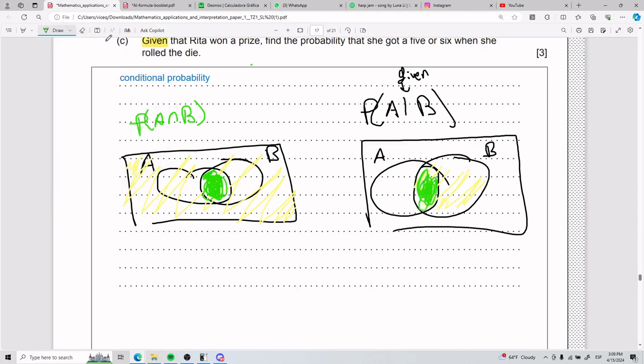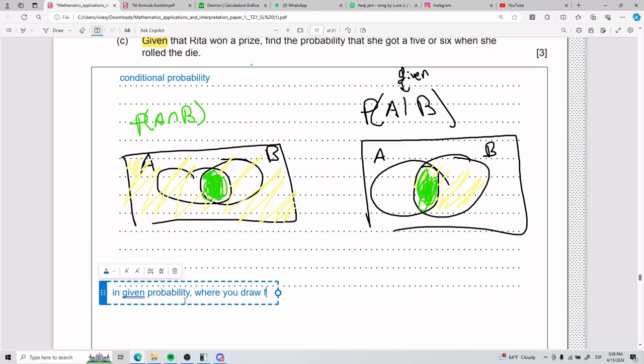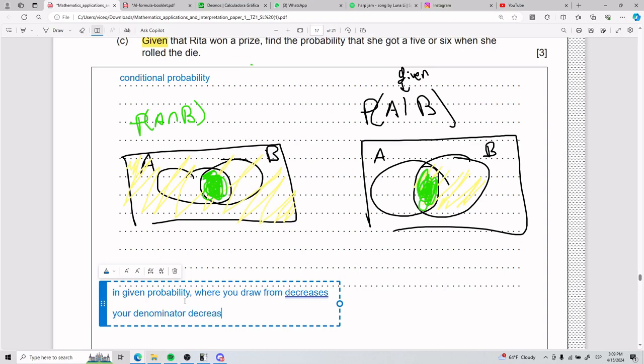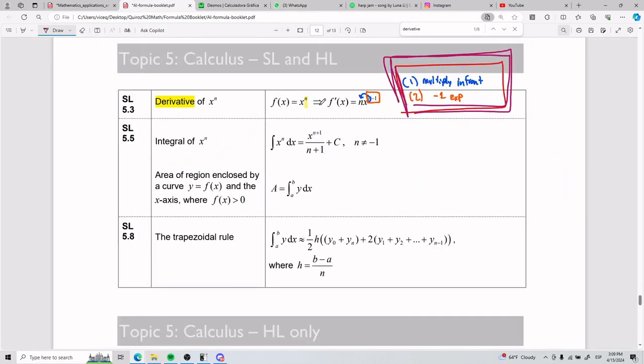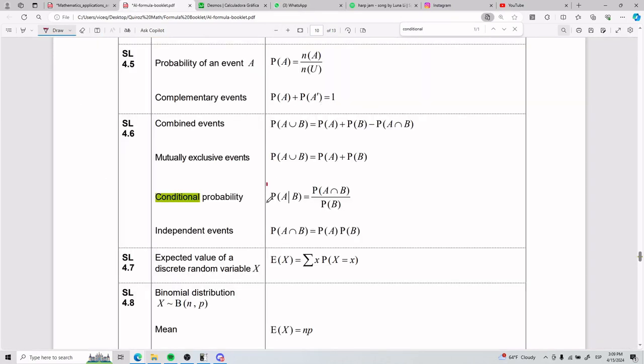And so notice what happens in given probability. In given probability, where you draw from decreases or changes. And for us, it's always going to be decrease, okay? So in other words, your denominator decreases, okay? And strictly speaking, there is a formula for this. If you go to conditional probability in your formula booklet, there it is.